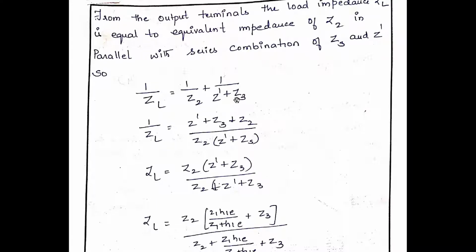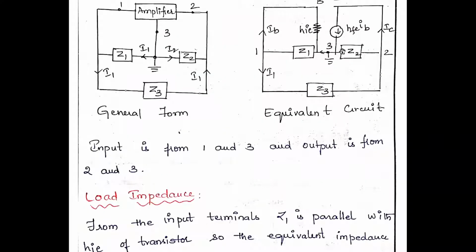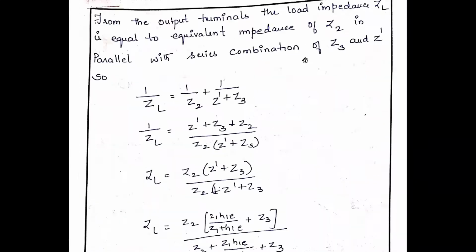The formula for parallel, 1 by ZL equals 1 by ZX plus 1 by ZY, is a very famous formula for two impedances. I hope everybody knows. So we are taking Z2 in parallel with Z3 plus Z dash.